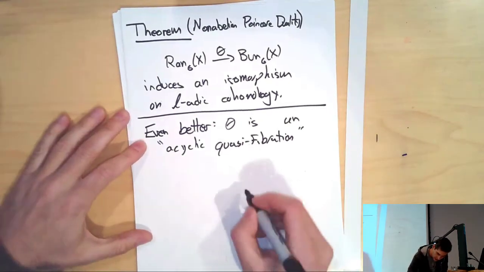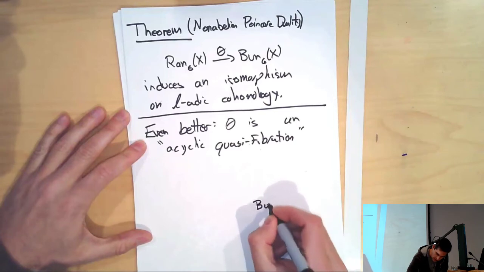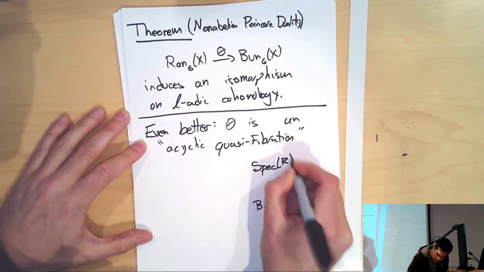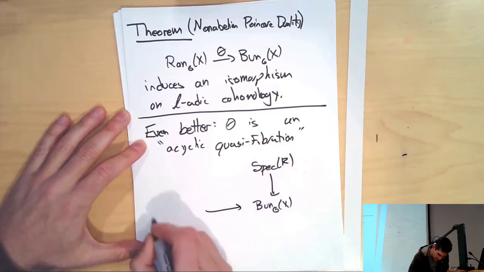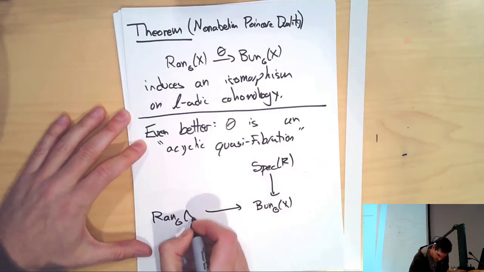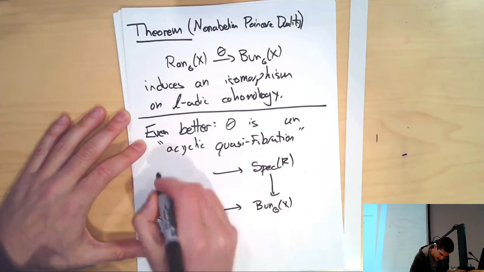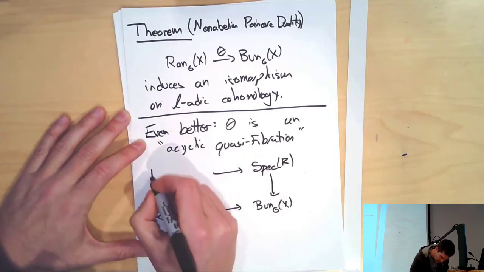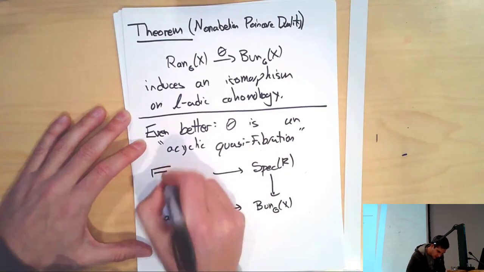So what I mean is that if you have any map from, let's say, an affine scheme into Bun-GX, then you can form a fiber product. Let's say, I'll just call that F for fiber.